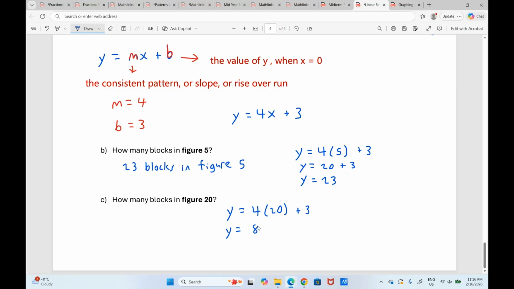Well, 4 times 20 is 80. So I have 80 plus 3. And 80 plus 3 is going to be 83. So my y equals 83. In this case, y is my number of blocks. So I can say that I'm going to have 83 blocks in figure 20.